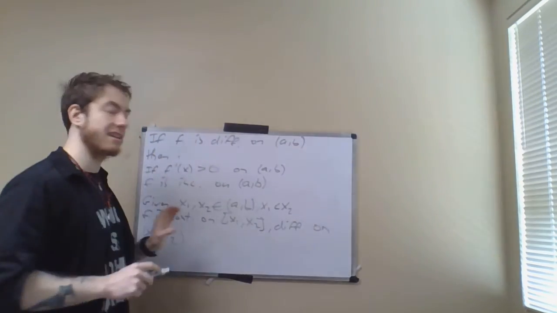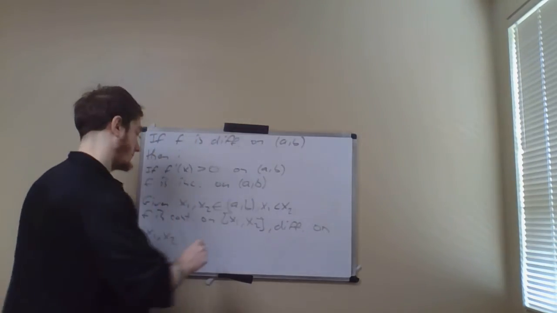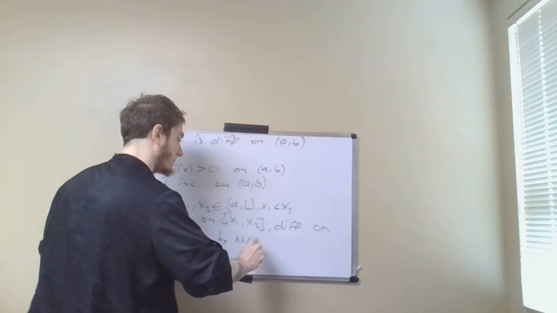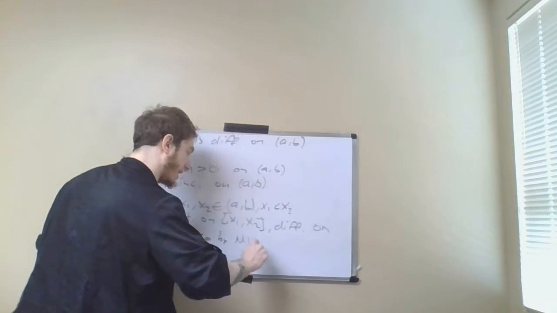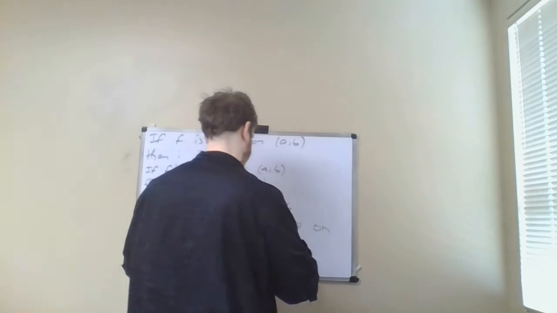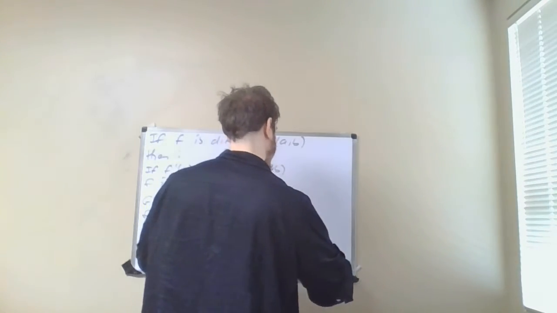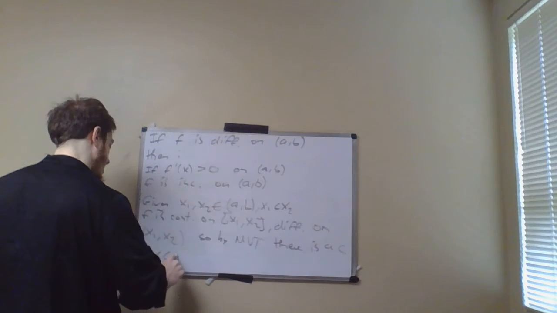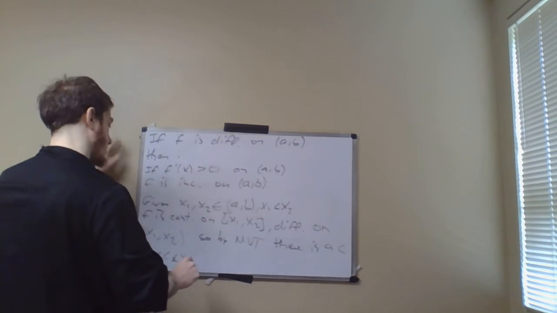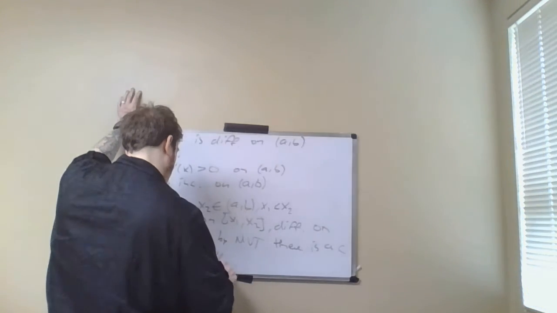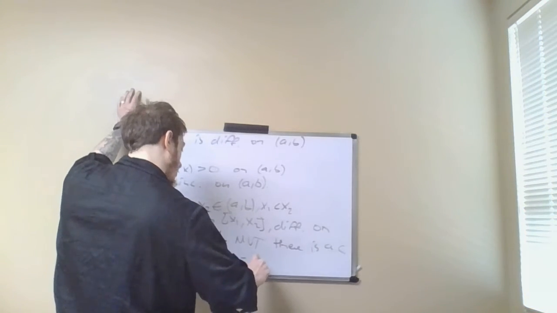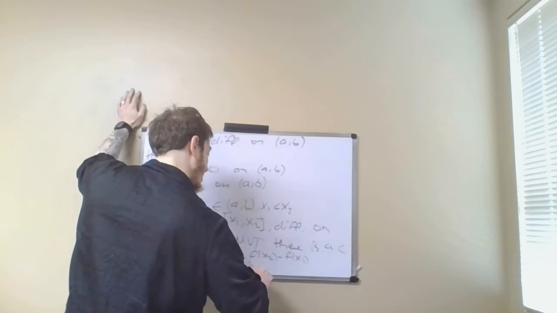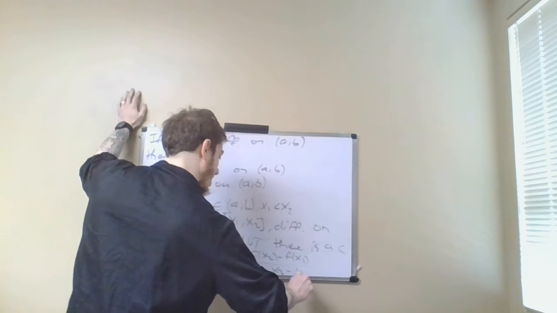So it satisfies the conditions of the mean value theorem. So by the mean value theorem, which I apparently cannot write MVT, there is a c with x1 less than c less than x2, with f prime of c being equal to f of x2 minus f of x1 divided by x2 minus x1.